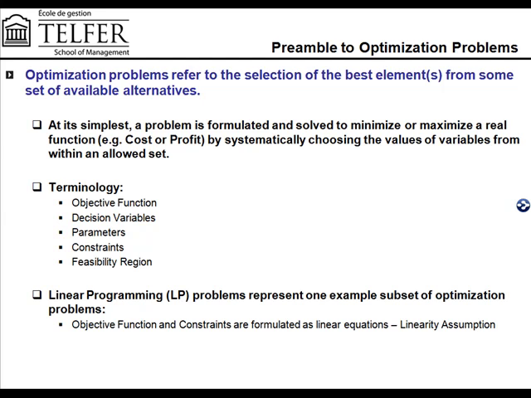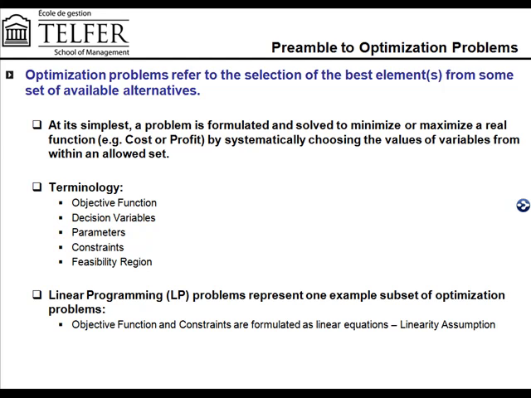At its simplest, you need to formulate a problem in order to minimize or maximize a certain quantity or a certain function. This could be something like cost of production or the profit that a firm makes. And you do that by systematically choosing between values of variables that you have, and you're given an allowable set of values to choose from, or you're given certain sets of constraints to work within.